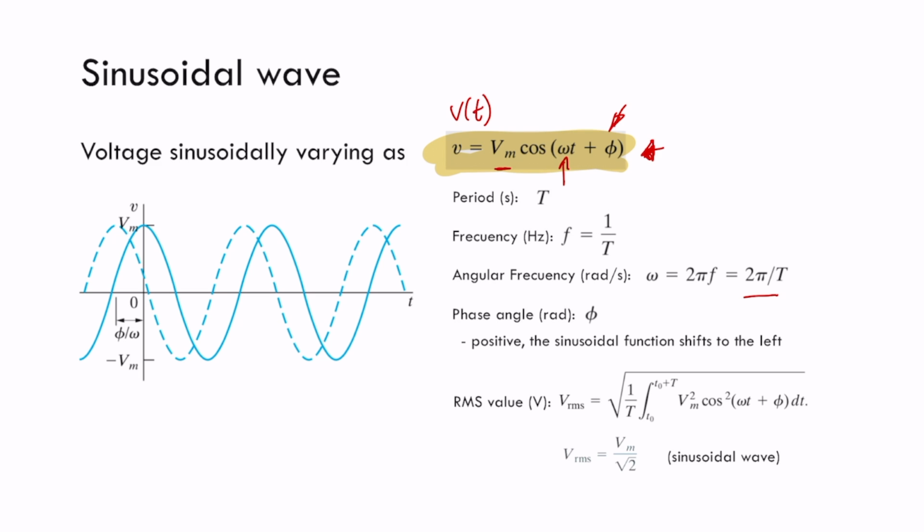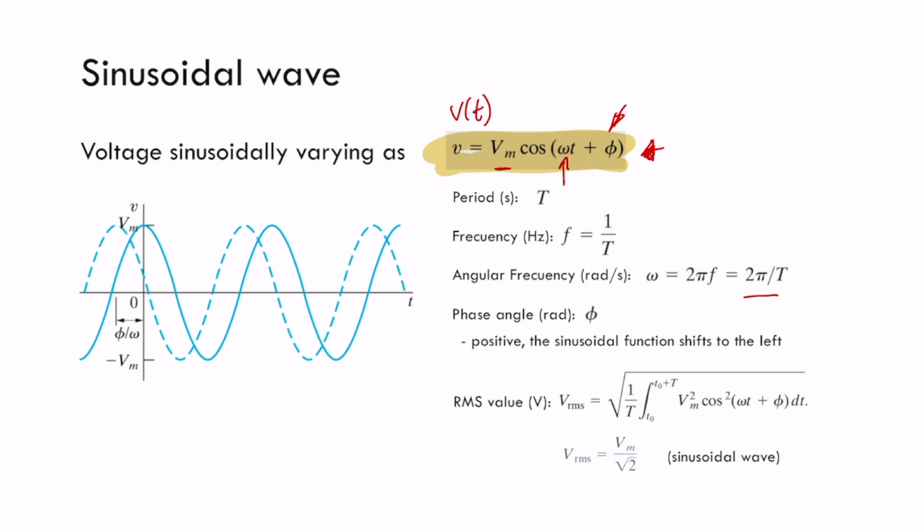And this is the signal that we have in our sockets, where we connect our refrigerator or anything else. One important thing here is that when phi is positive, it means the sinusoidal wave is shifted to the left. So you can think about that.